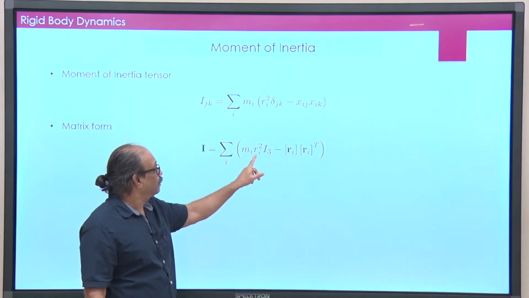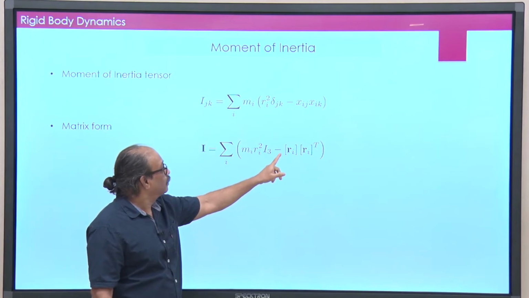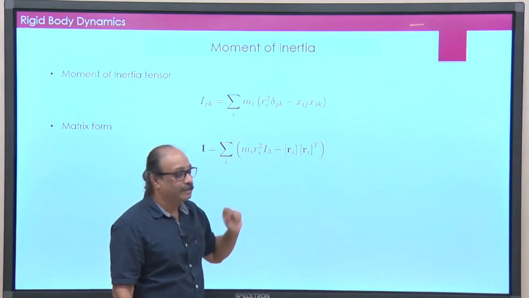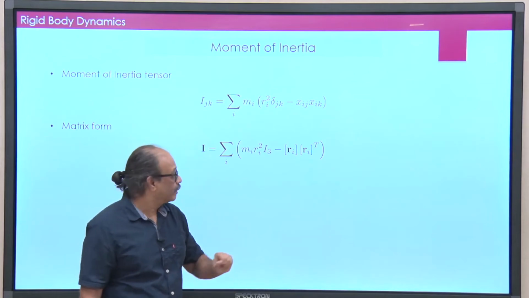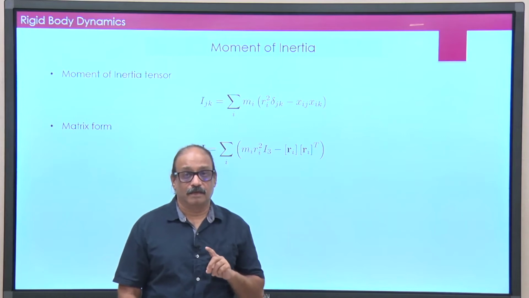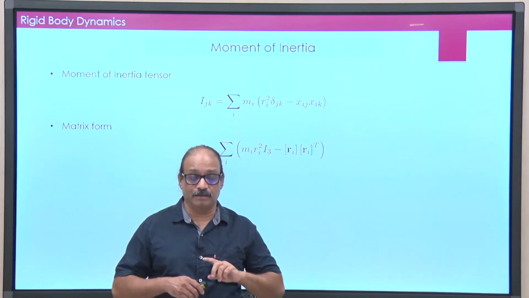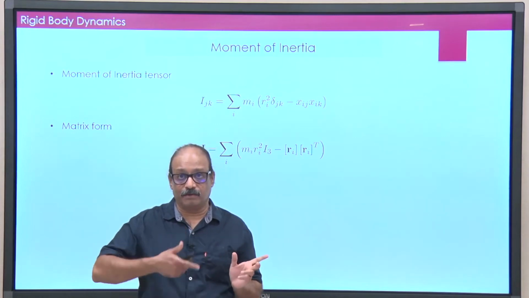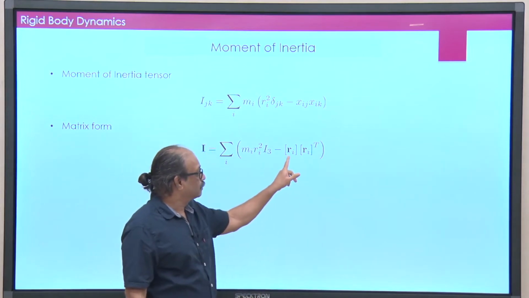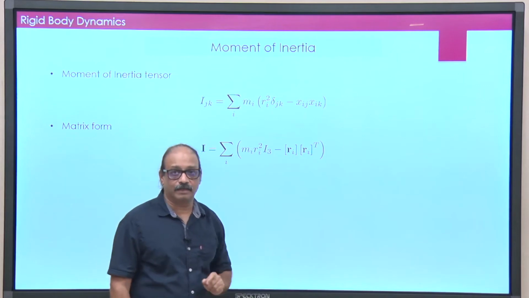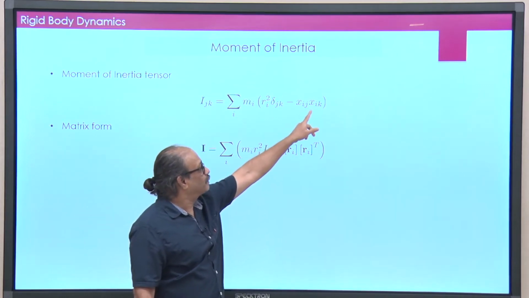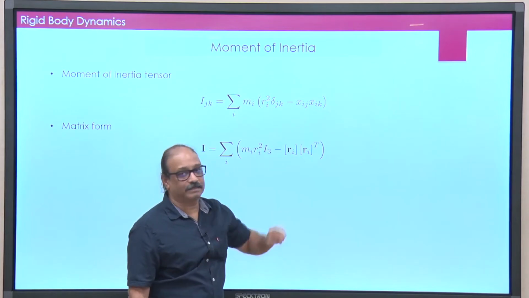So, it is m I r I square into I 3. Now, this r I is a column vector and this r I transpose is a row vector. This is not the usual row vector into column vector which gives you a number. This is the opposite: column vector into a row vector. This will result in a 3 by 3 matrix whose components would be x j x k.